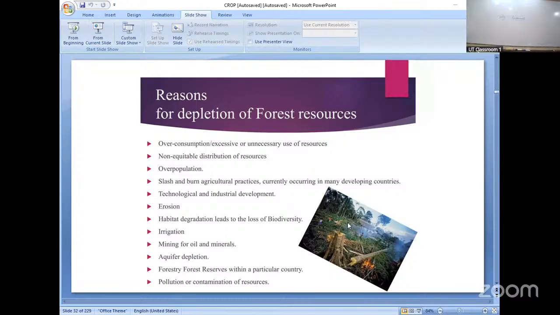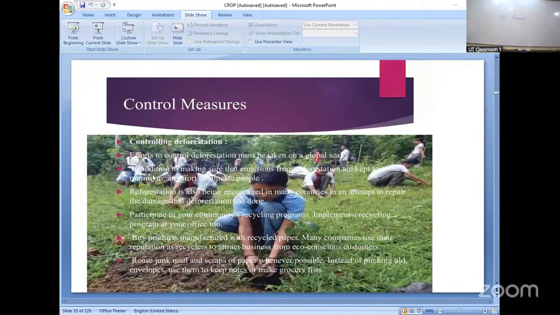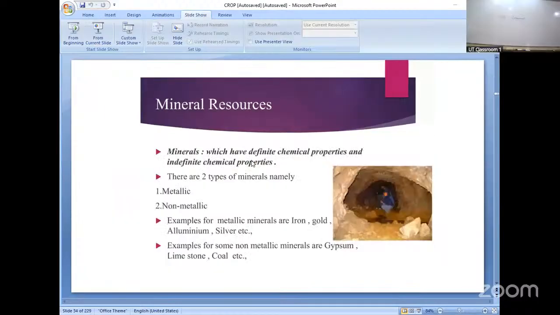Even erosion occurs, right? Now there should be control. Afforestation should be there. If we are cutting one tree, two more trees should be planted, right? So that there will not be a threat to the forest.